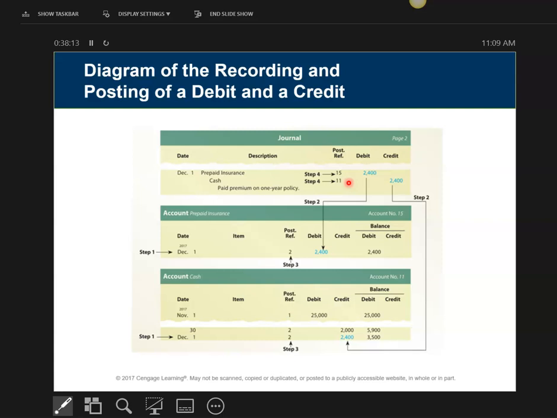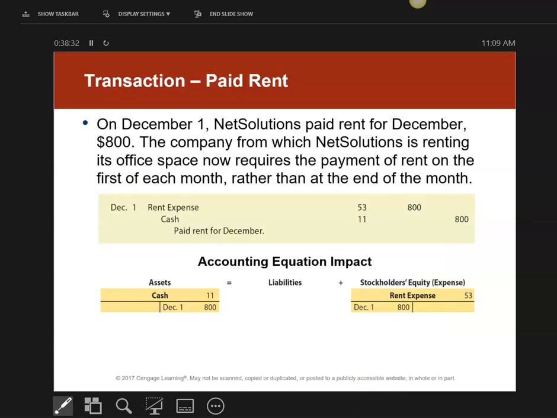Okay, so this is now posting to a general ledger account. These are called general ledger accounts, and there'll be a separate one for each account, and you will just keep working on them and keep a running balance. Let's look at another transaction. Here is December 1st.